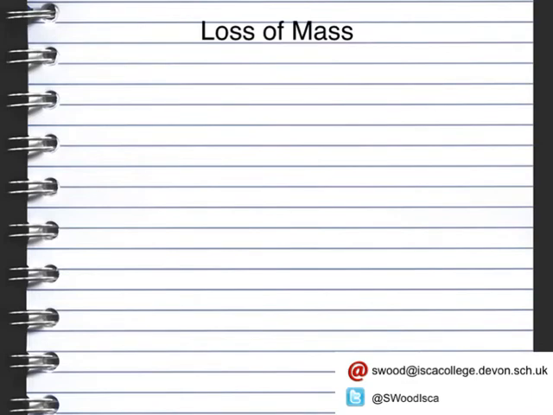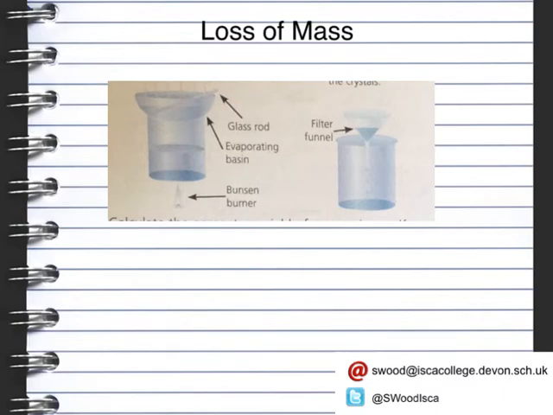Now as we said in previous lessons, all the mass must be conserved. So if we're not getting 100% yield, what's actually happening to that missed mass that we are losing? Now we look here, we've got some salt that we are trying to get back, which we're expecting to get 100% yield.